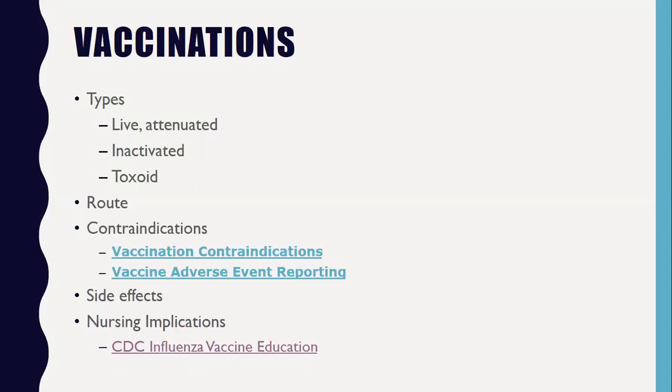Contraindications to getting vaccinations would be if you had a previous anaphylactic or systemic allergic reaction to a vaccine component. If you've had a fever within the last 24 hours, we're usually not going to give it. Sometimes with renal impairment, you'll see that it won't be given. And then some things may not be indicated for women who are pregnant or nursing.